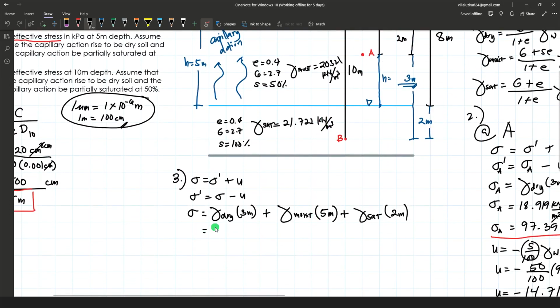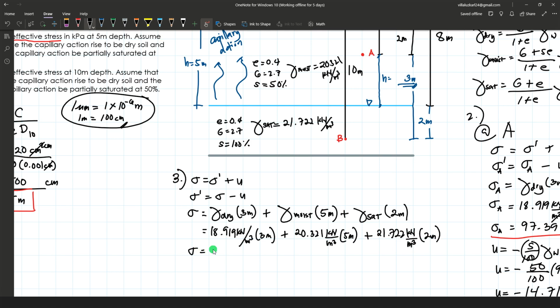Let's rewrite that: 18.919 kilonewtons per cubic meter times 3, plus the moist 20.321 kilonewtons per cubic meter times 5, plus saturated 21.722 kilonewtons per cubic meter times 2.